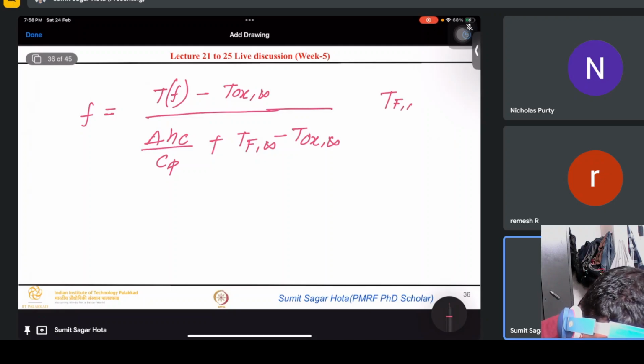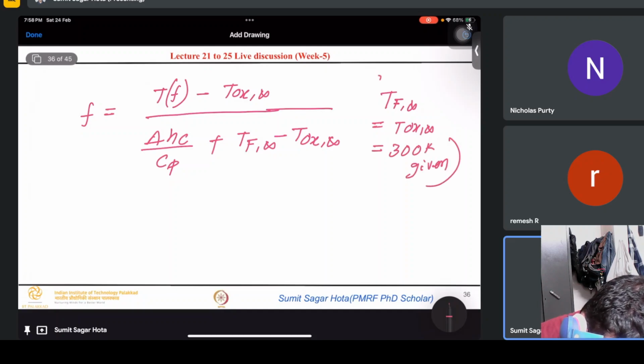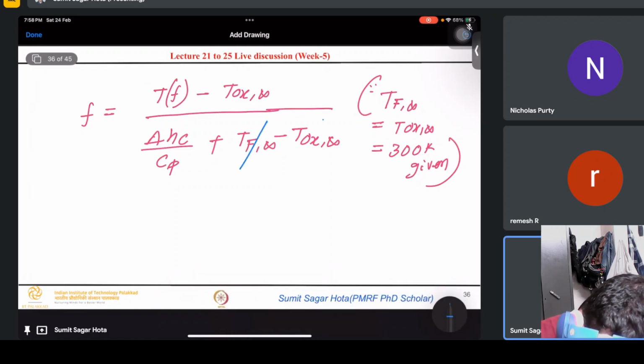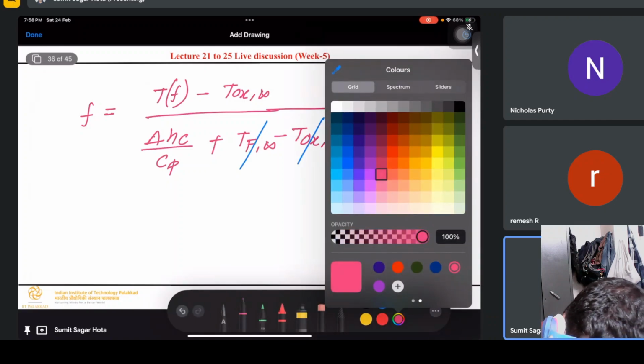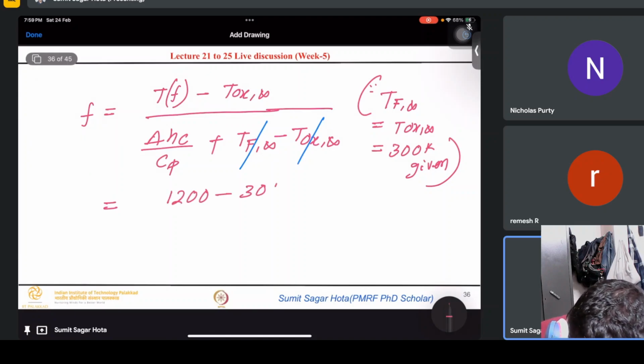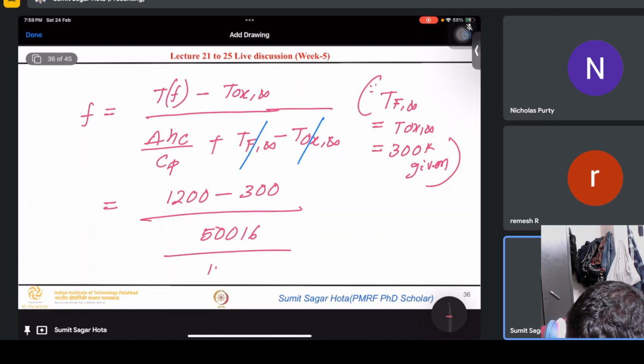Substituting the values: 1200 minus 300, Cp is 1.07 kilojoule per kg Kelvin, delta H is 5016.